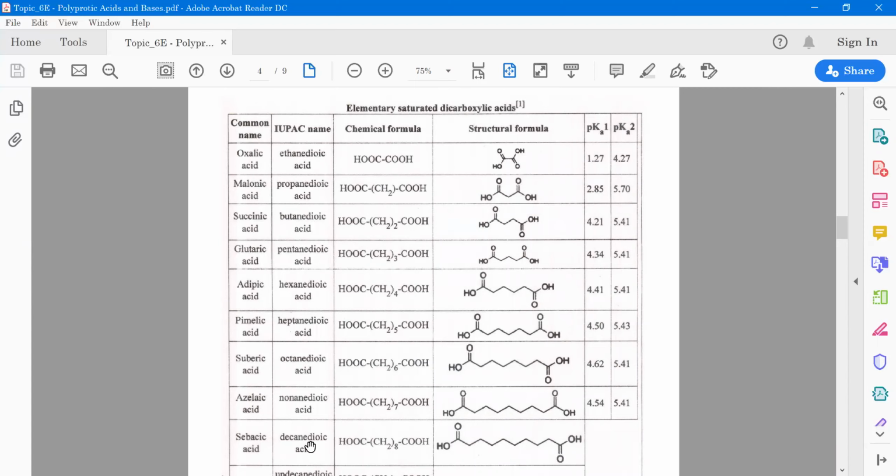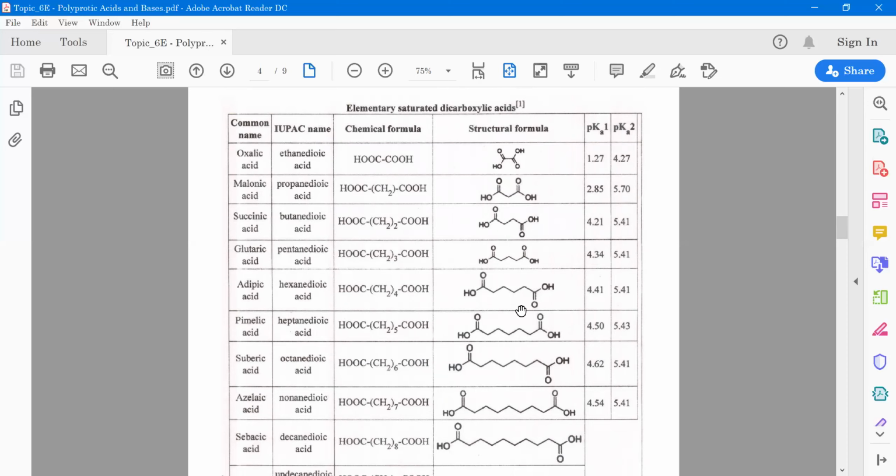And their names are derived from the simple fact that all of these are diprotic acids, so they're all dioic acids. Notice that they all end in dioic acid. And the first part of the name is a reflection of what hydrocarbon it's derived from: ethane, propane, butane, pentane, and so on. So this first one is called ethane dioic, propane dioic, butane dioic, and so on.